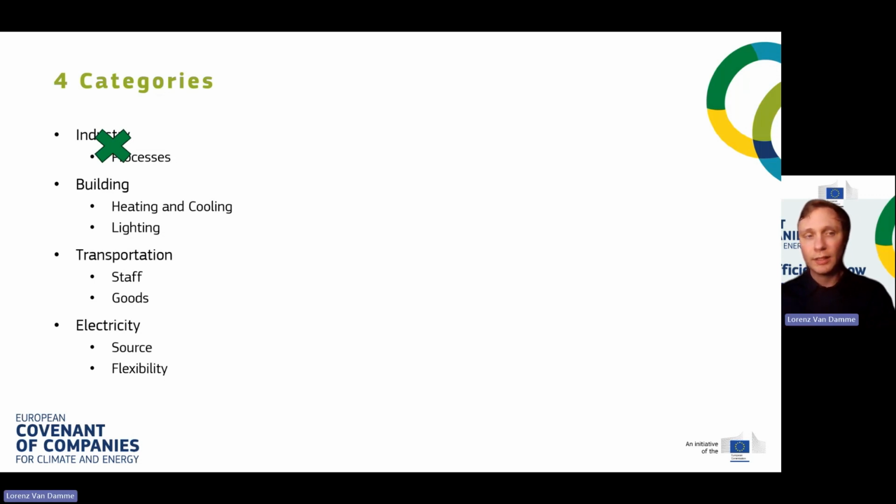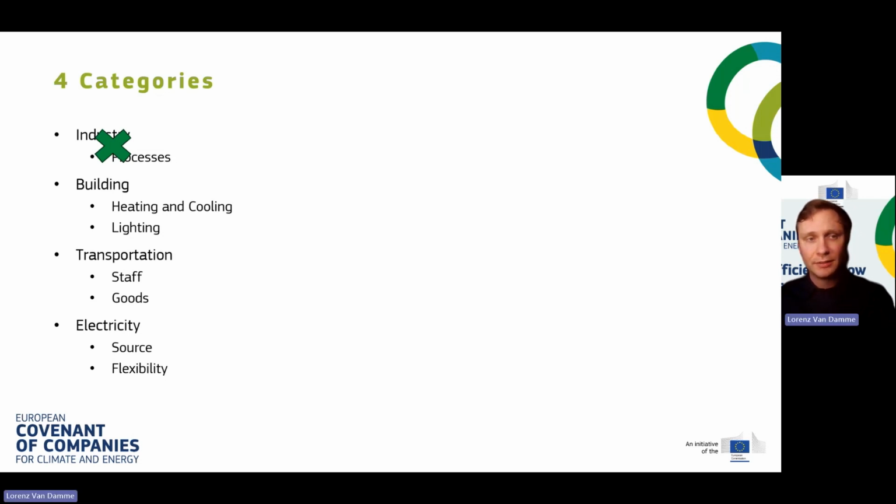Again, here are 2 main categories that we can split this up into, which is staff, where we will be talking about their commuting energy usage, but also business travels, and more generally called goods, any business transportation regarding your ins and outs for resources or finished products, anything else that you might need to have delivered.